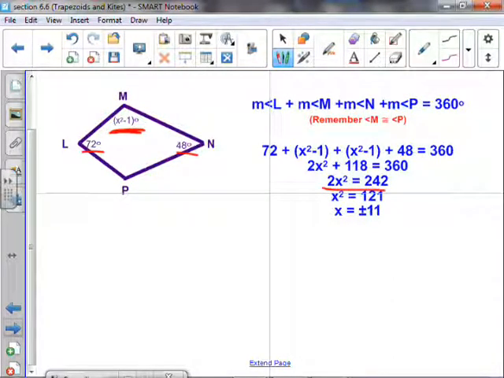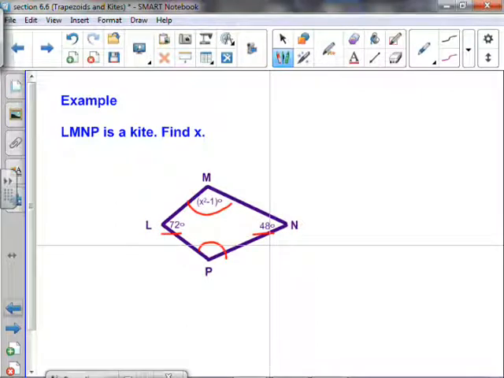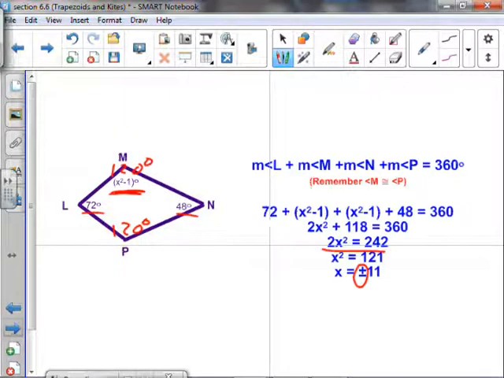We get that x squared equals 121. Now everybody knows that 11 times 11 is 121, but do not make the mistake of forgetting your negative 11, because there's nothing saying x can't be negative 11 here as well, because negative 11 will give you the exact same thing, namely that you have 120 degrees here and 120 degrees here. Okay, so there are 2 answers to this question. Let me just make sure that we did answer the question correctly. It was saying find x, so we have found x. X is positive or negative 11.